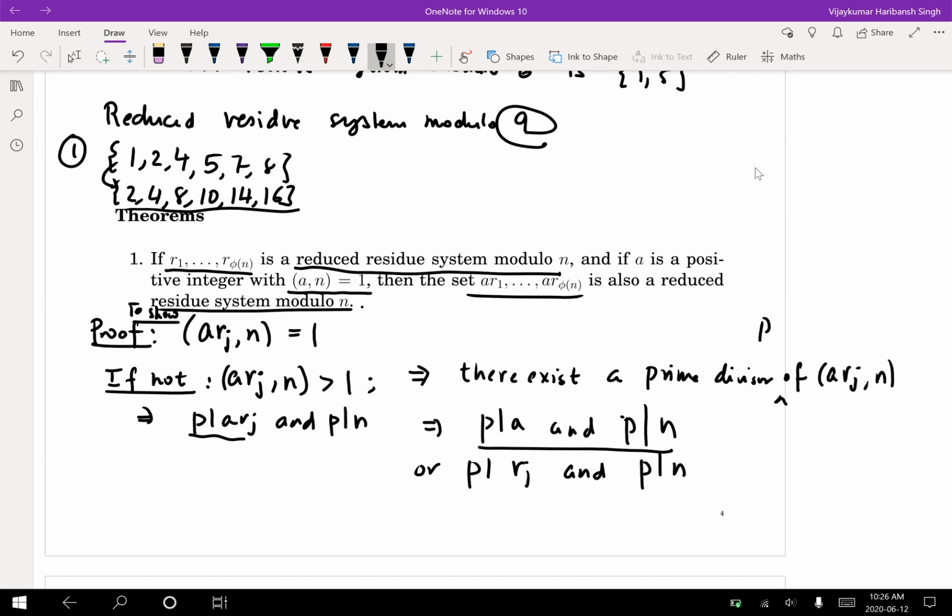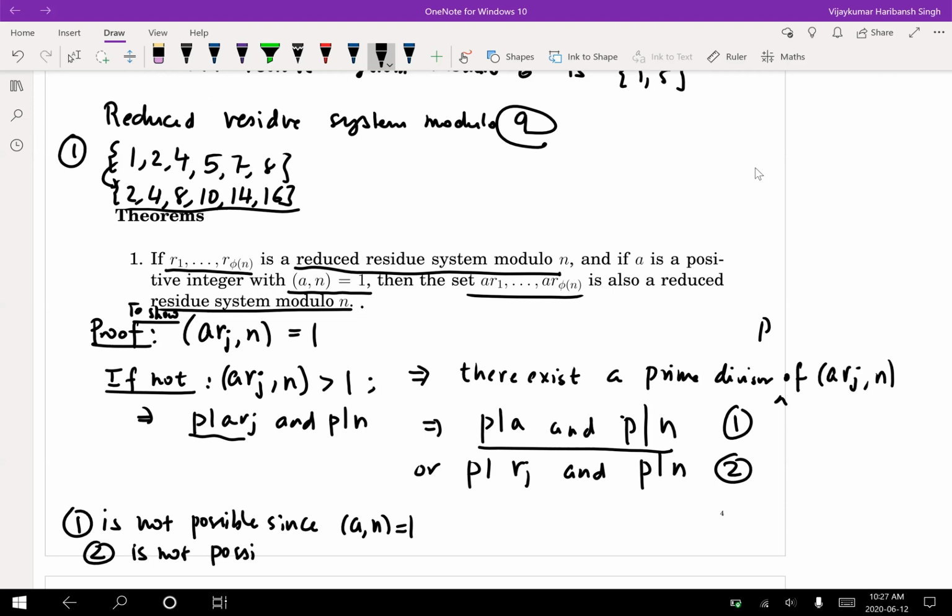Now the first one is not possible, since A and n are coprime. So what about the second? It is not possible since Rj is from a reduced residue system modulo n.